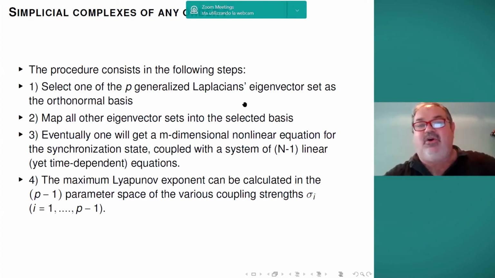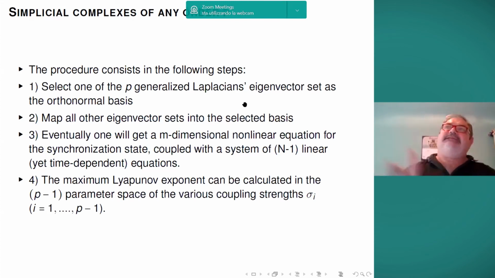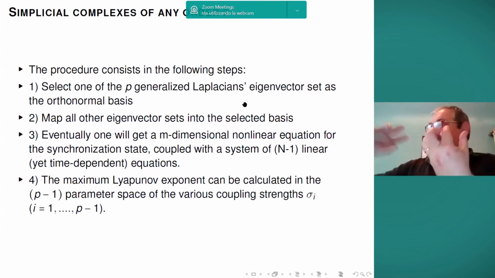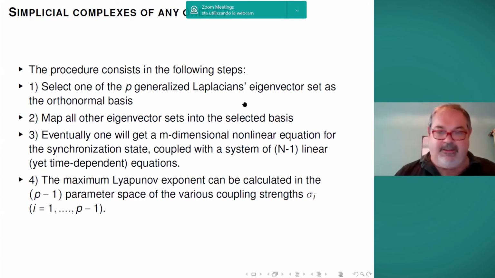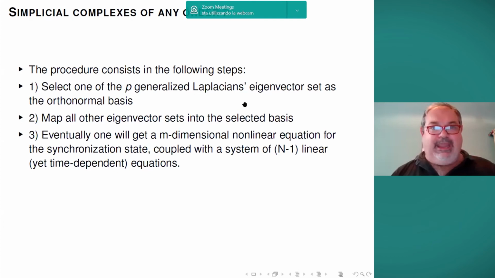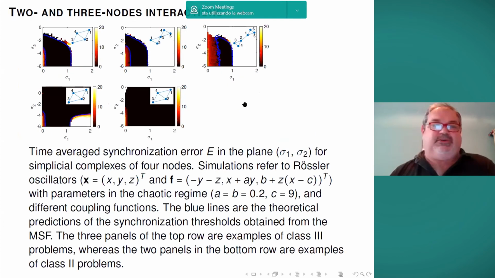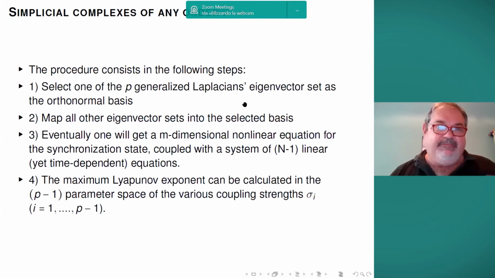So you can always select, for example, the classical Laplacian and map all the other generalized Laplacians into the original one. Now, again, this is good because you have solved the most general case, but it's not so elegant because you don't have a function.